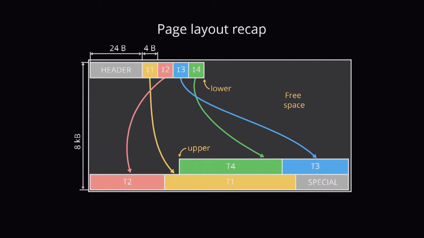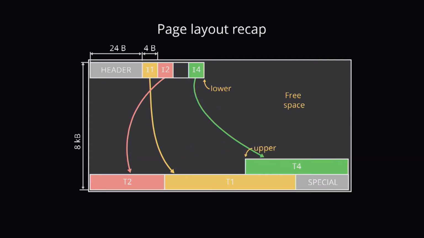Tuples are located close to each other. The page is not fragmented, so if you have to change the size of, say, T3, you will have to remove T3 from the page and allocate T3 at the end of tuples again.